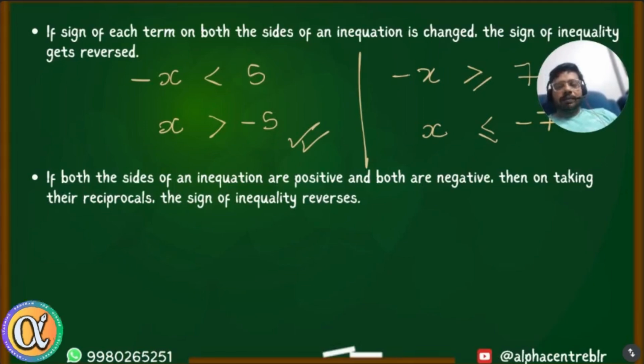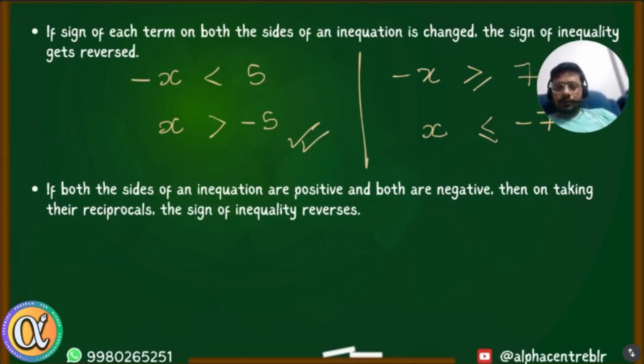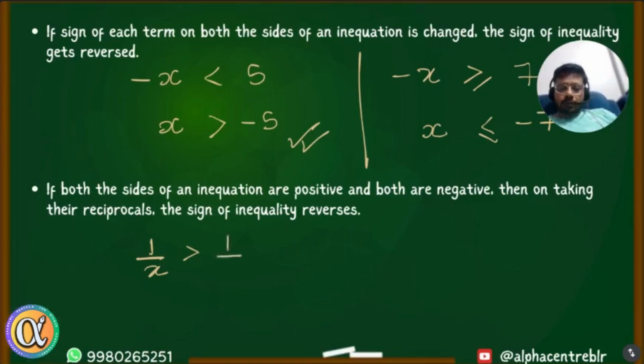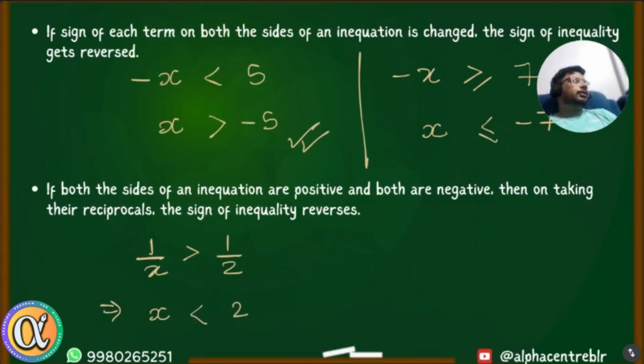For example, if you have 1 by x is greater than or equal to 1 by 2, if you flip it, x and 2 on both sides, then the sign changes like this: x is less than or equal to 2.